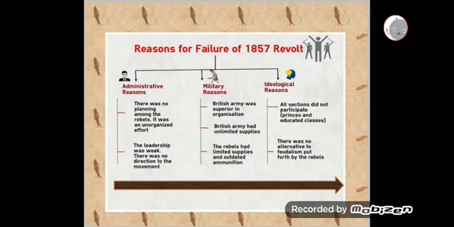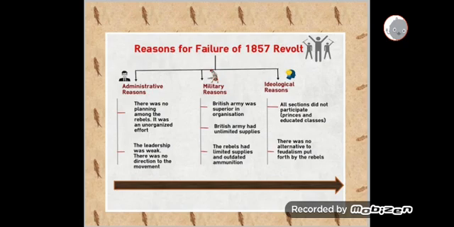There was no direction to the movement. Now, military reasons: British Army was superior in organization. British Army had unlimited supplies. The rebels had limited supply and outdated ammunition.